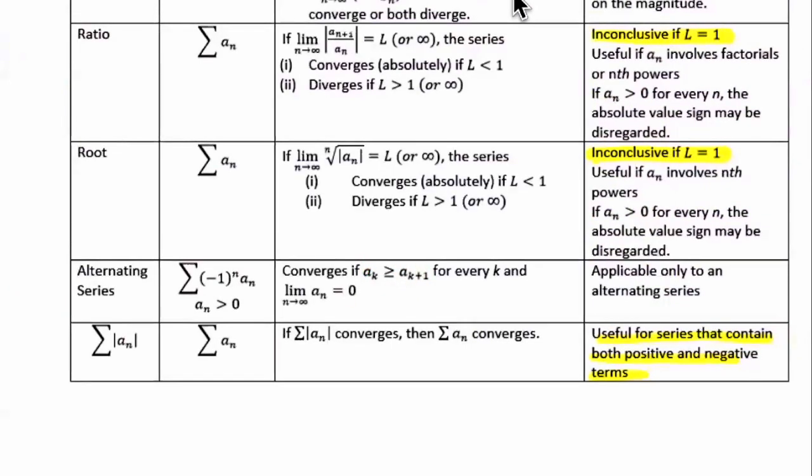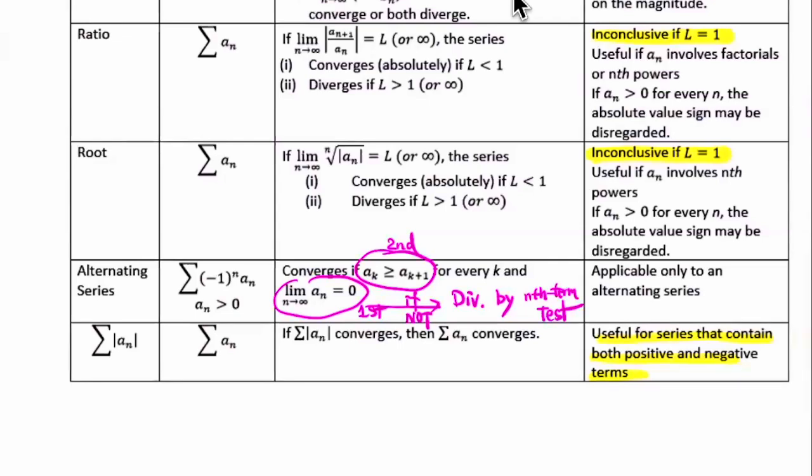For me, I would check this one first, and then this is second. Because if this one doesn't hold, then the series is going to diverge by the test for divergence.